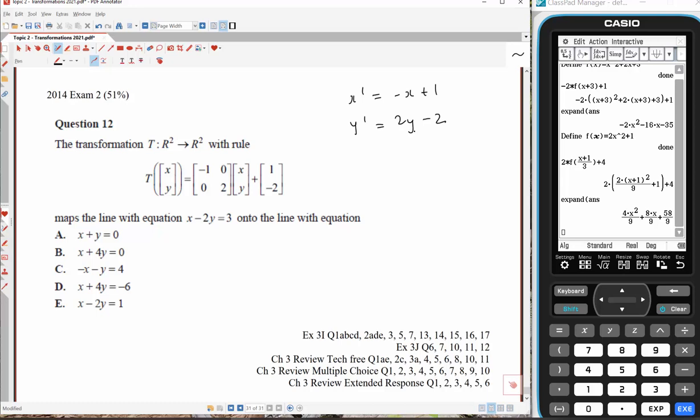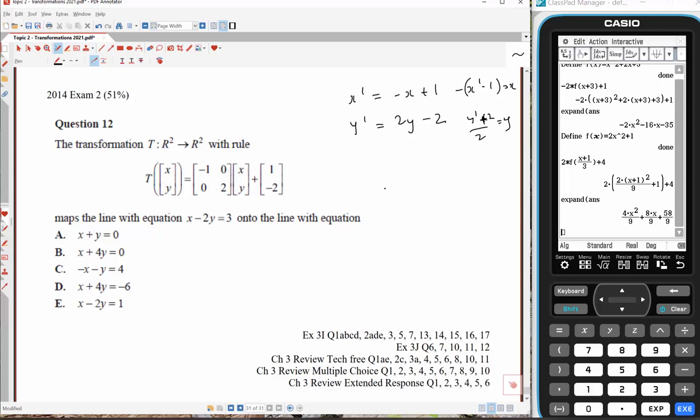Okay, so what we'll do is make x and y the subjects. So x dash take 1, all negated, equals x, y dash plus 2 over 2 equals y.